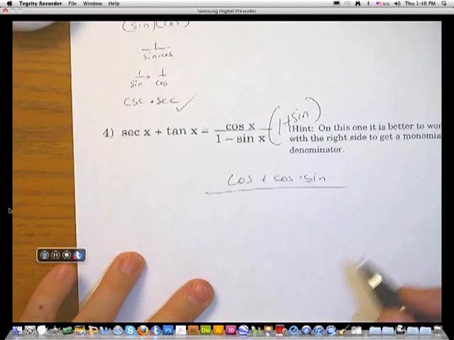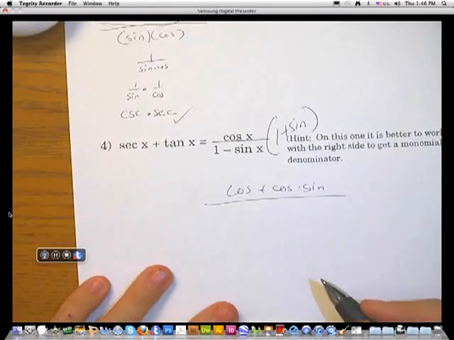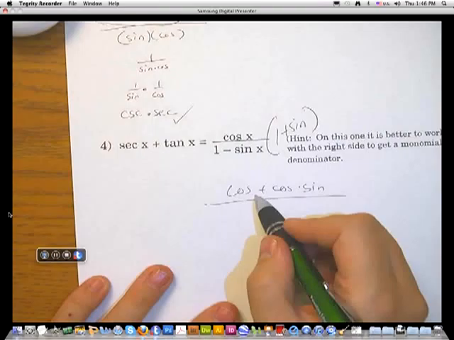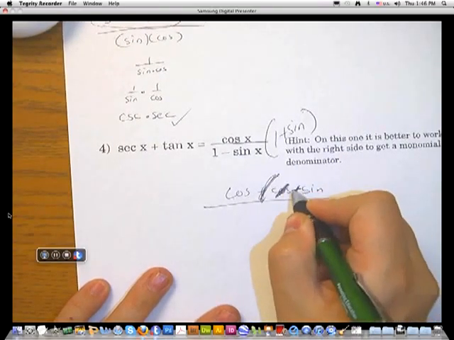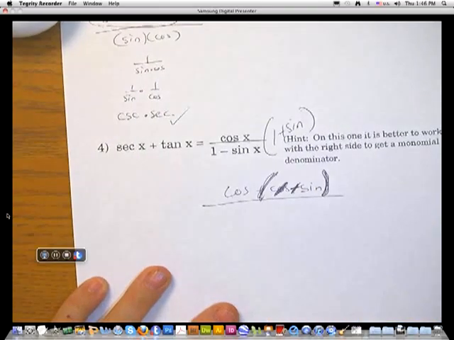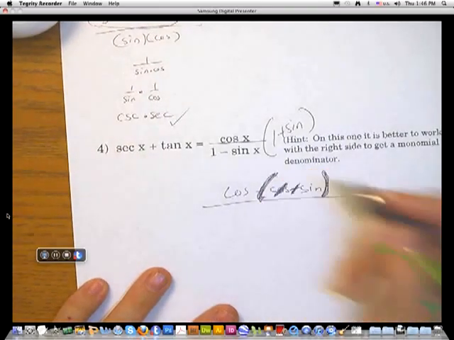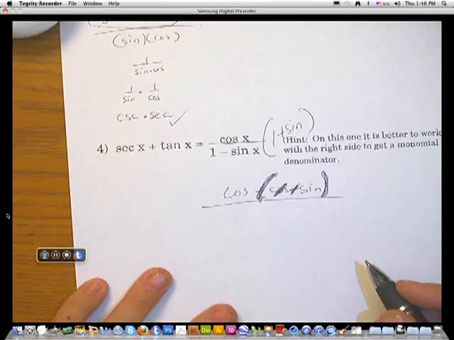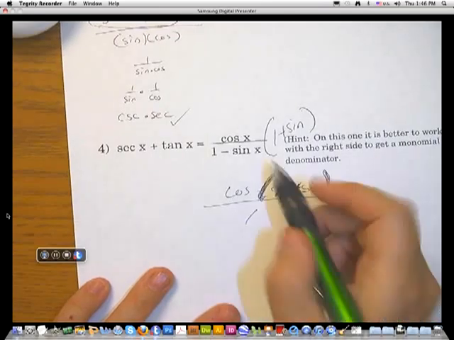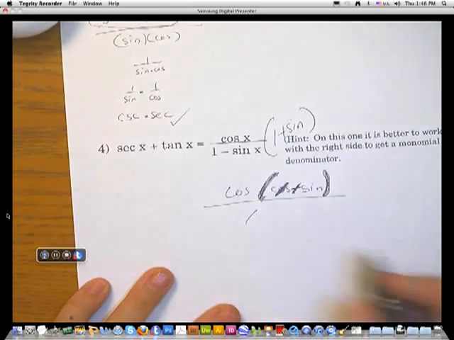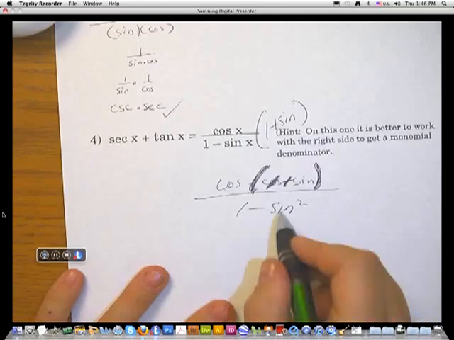And you know what? We're going to change that. We're just going to leave cosine and just leave it 1 plus sine. On the bottom, I get 1, and when I distribute, the middles go away, and I get sine squared. 1 minus sine squared.